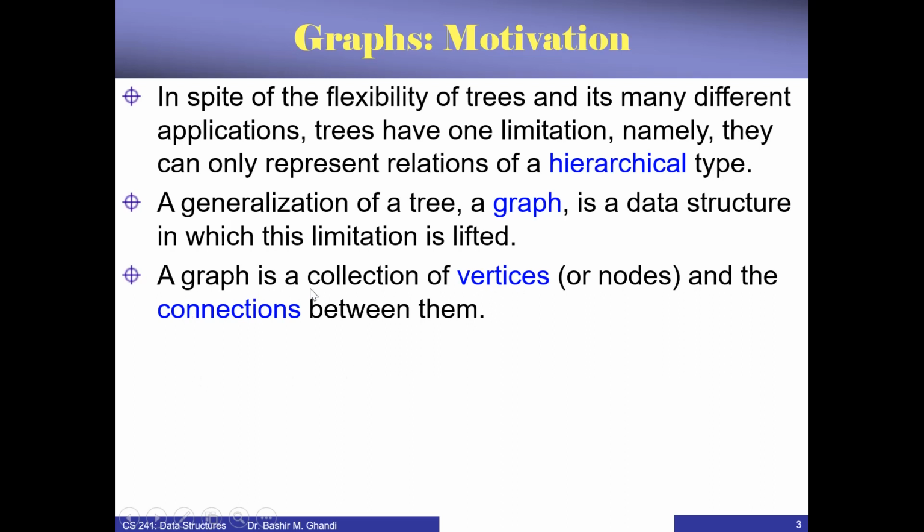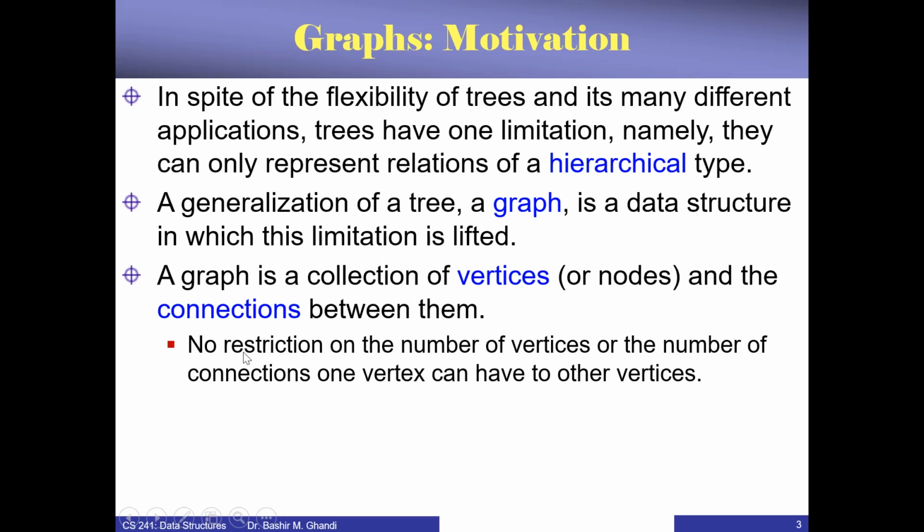So a graph is a collection of vertices and connections between them, just like trees. However, in this case, no restriction is imposed on the number of vertices or the number of connections one vertex can have over the others. We will see what I mean when we take an example in a moment.